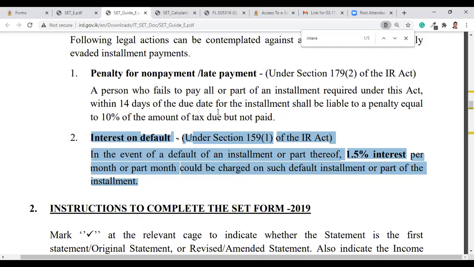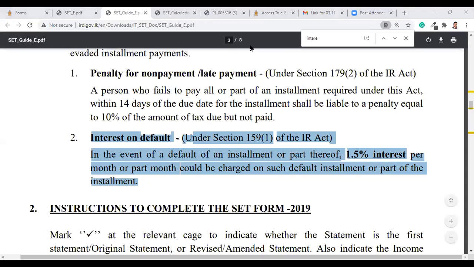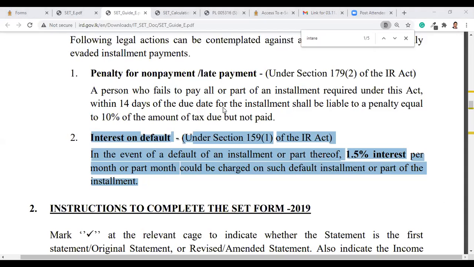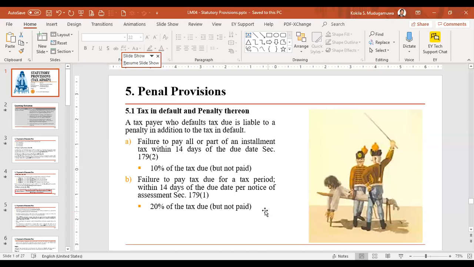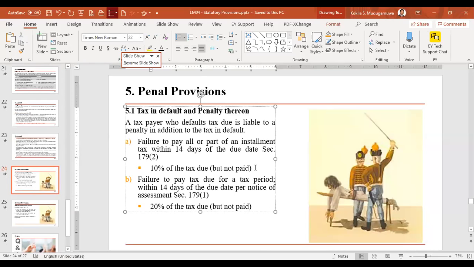So I will include this part in the slide before sharing. According to the sections, section 179 is for penalty and section 159 is for interest. It is easy to remember: 159 for interest.